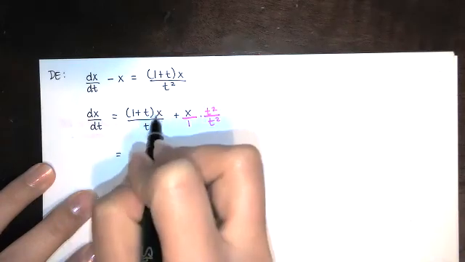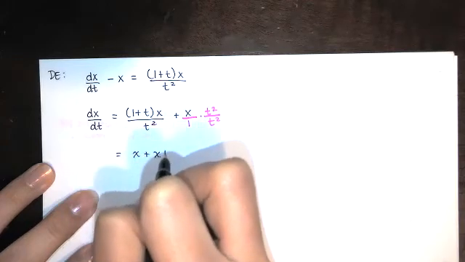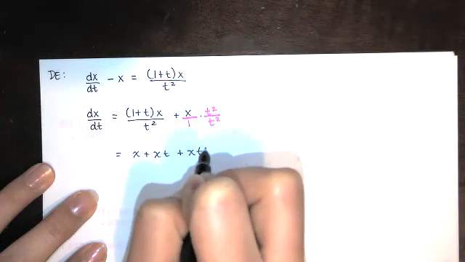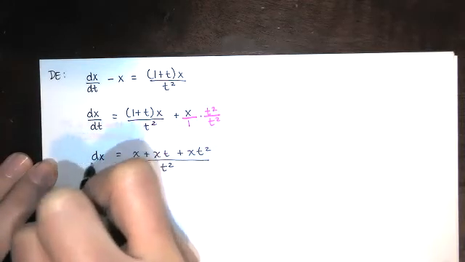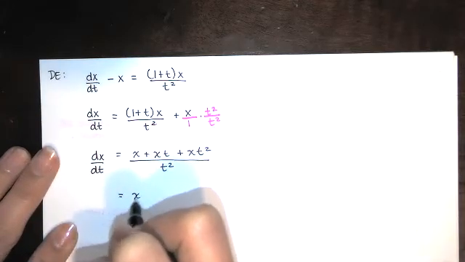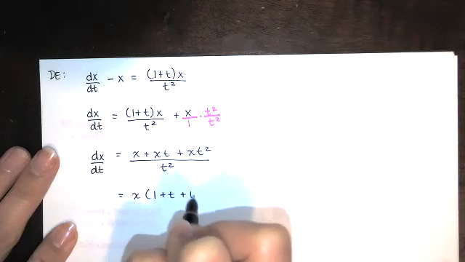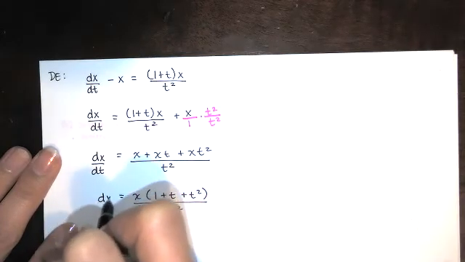Actually, let's distribute this x as well. We'll have x plus xt plus x times t squared, all divided by t squared. And then let's factor out the x.